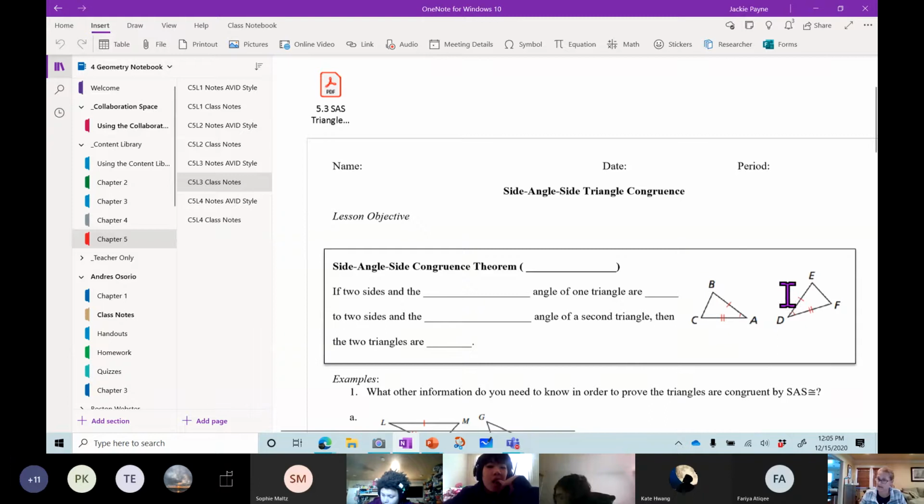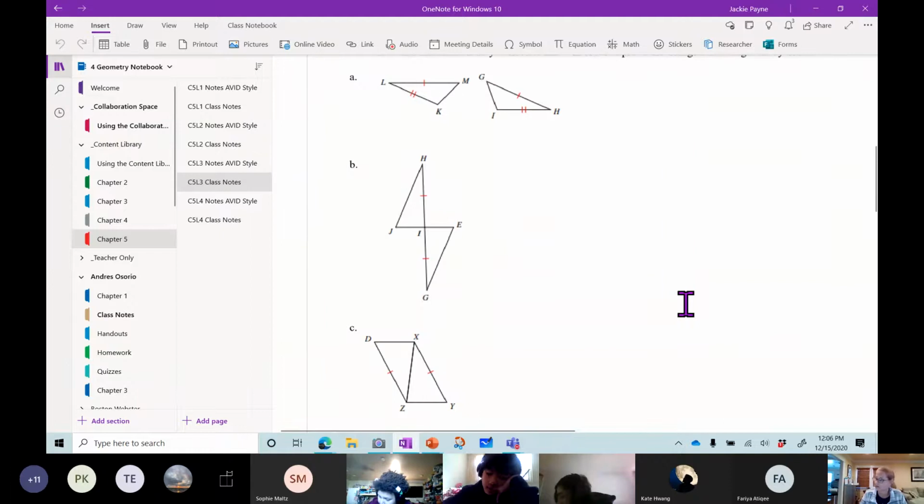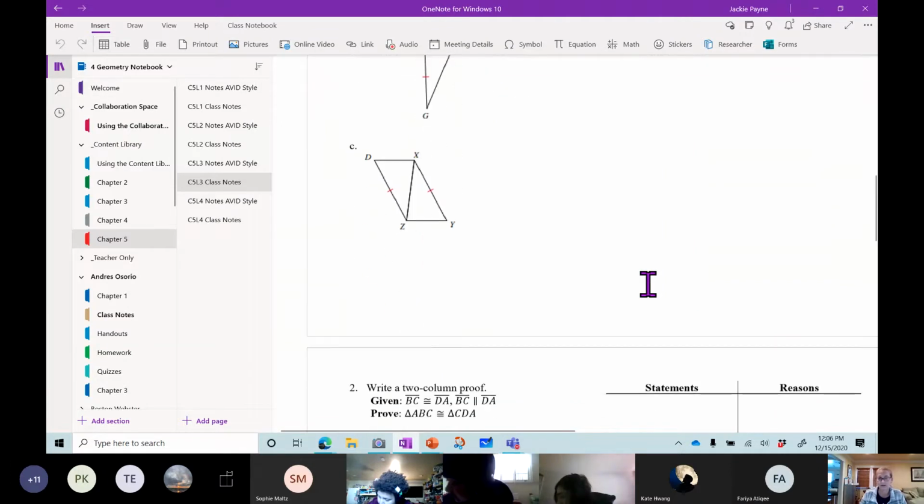It can't be BC, it can't be EF. It has to be the sides that form that angle, which is why it's called included. If you can get those three things to be congruent, then this theorem says that the entire triangles are congruent. If the entire triangles are congruent, then all the corresponding parts are also congruent.